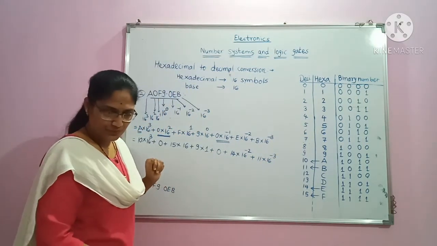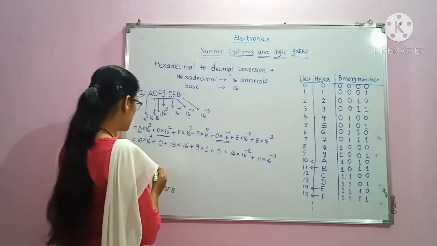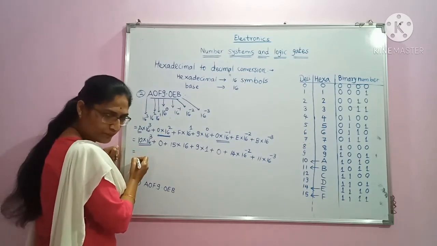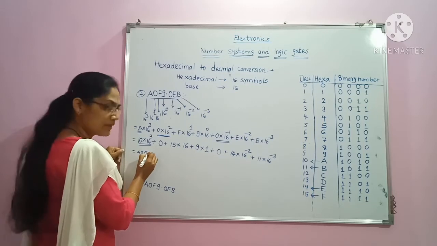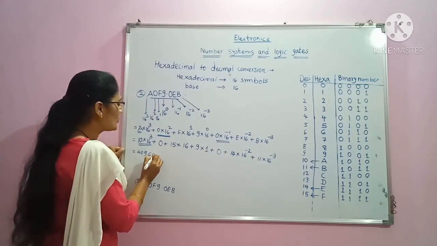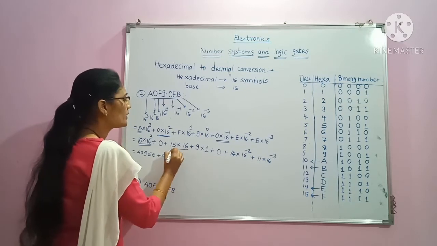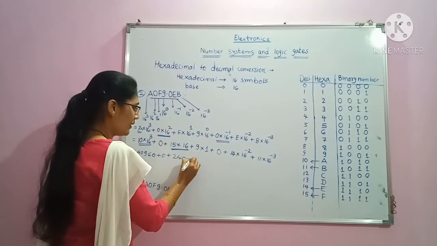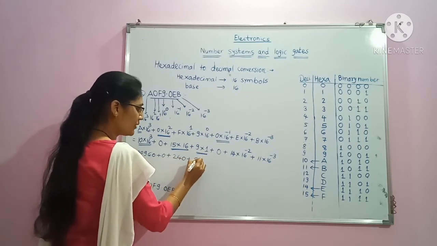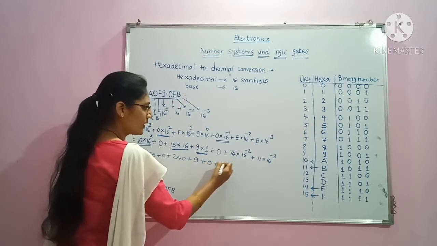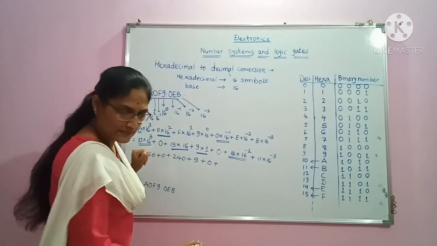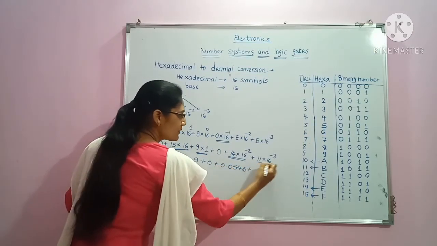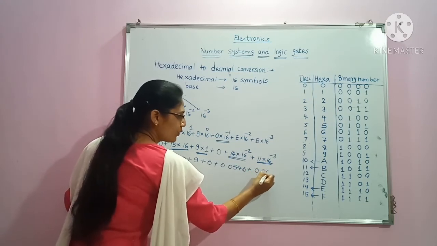Now we will substitute the values. If we multiply 10 with 16 raised to 3, it gives the value 40960, plus 0, plus 15 into 16 gives 240, plus 9 into 1 gives 9, plus 0, plus this value comes out as 0.0546, plus this value comes out as 0.0026.